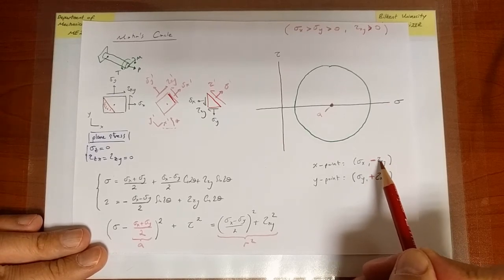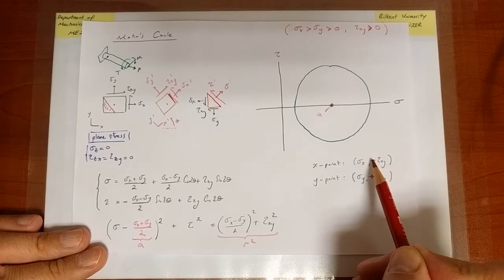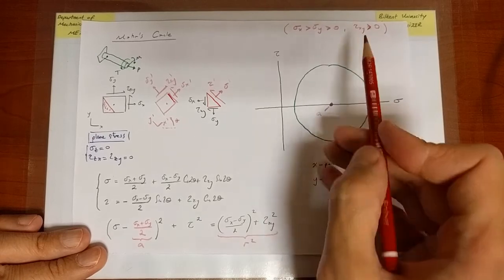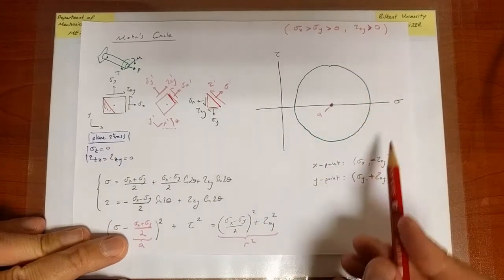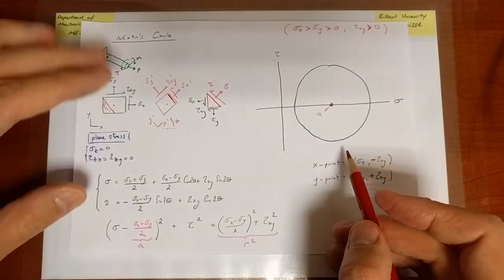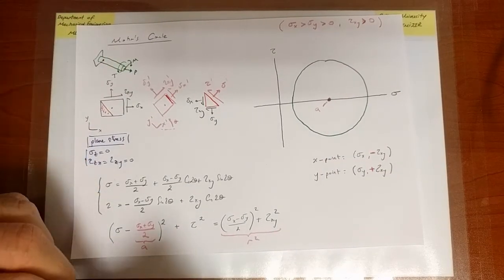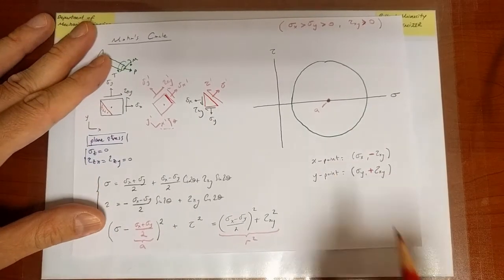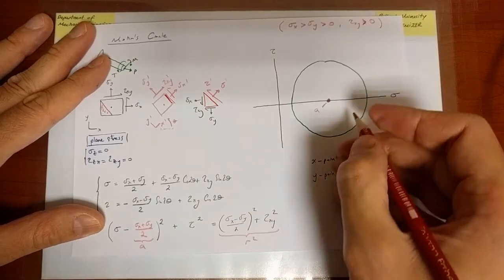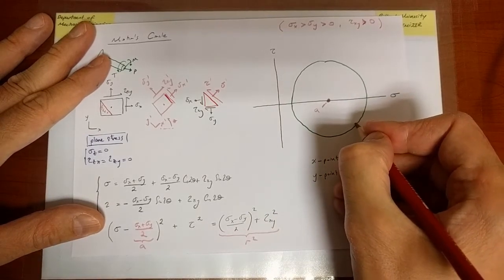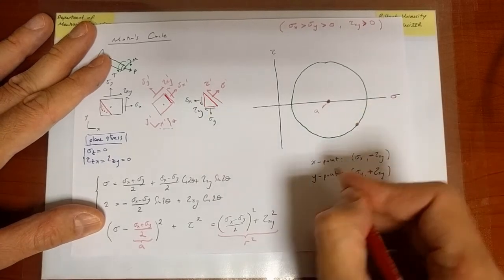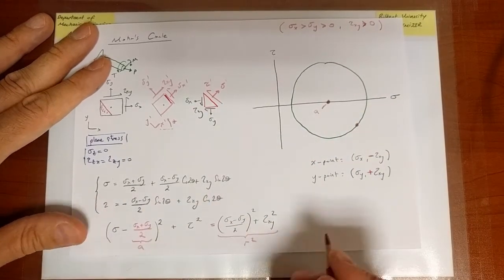So if tau xy is minus 10, another minus will make plus 10. So here I'm assuming that tau xy is positive, therefore this is going to be a negative value. That's going to go somewhere here. I don't know where. It depends on the values of sigma x and sigma y, and also tau xy. Let us assume that it goes there. So it has to lie on the circle because it's just one normal and shear stress combination.